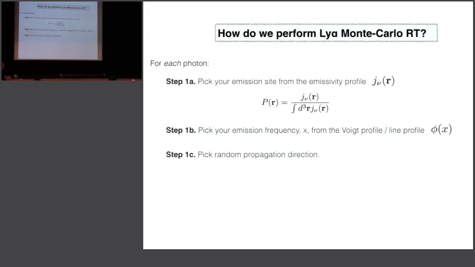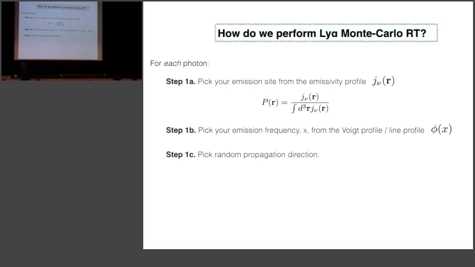Suppose you have some arbitrary gas distribution. That gas distribution can emit Lyman-alpha photons either through recombination or collisional excitation. This will give us a complex emissivity profile, which is given by J_nu(R). R is a 3D vector, and can be 1D as well if you're spherically symmetric.